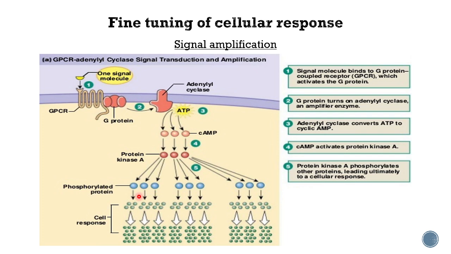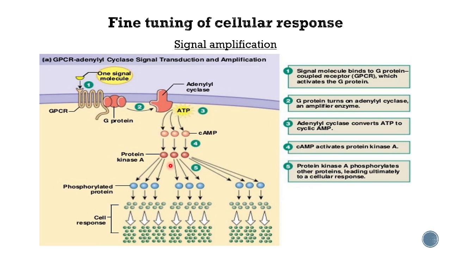So whenever we have the activation of more than one downstream molecule or protein by one upstream molecule or protein, then that increases the strength of the signal, and that is known as signal amplification. Okay, so this can happen with our second messenger, as you can see in this example.